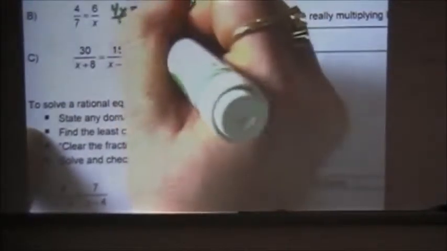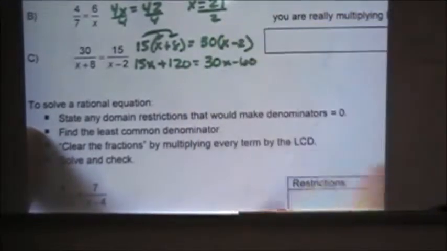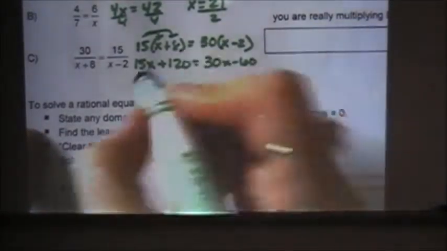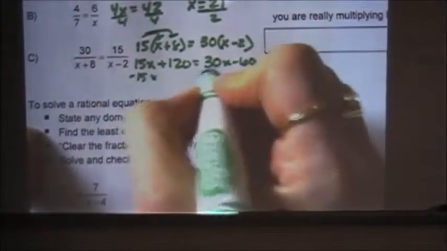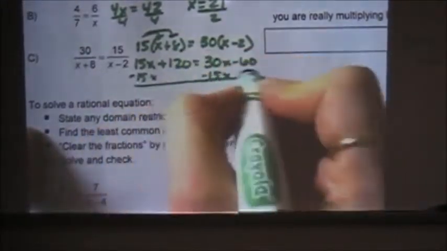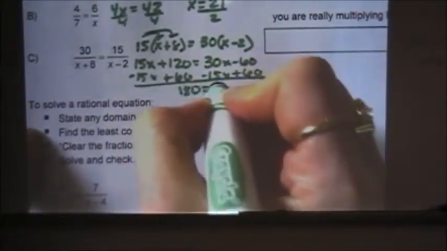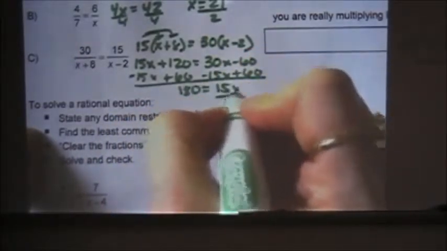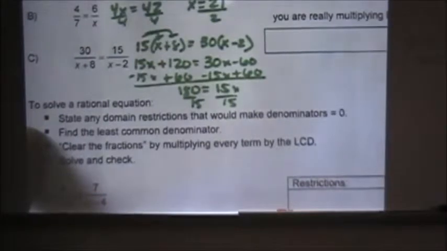So I get 15x plus 120 after distributing the 15 equals 30x minus 60. And now it's just a simple equation to solve for x. So I'm going to subtract 15x from both sides and add 60. So I get 180 equals 15x, divide by 15, and I get x equals 12.